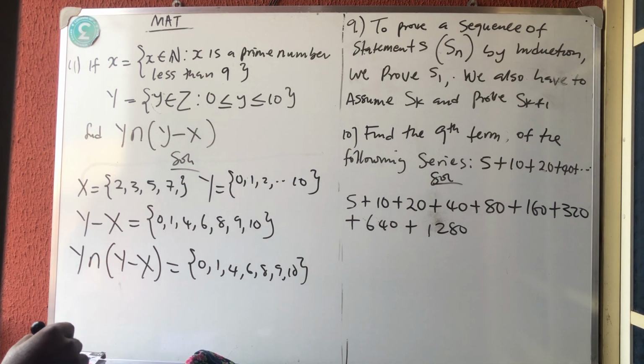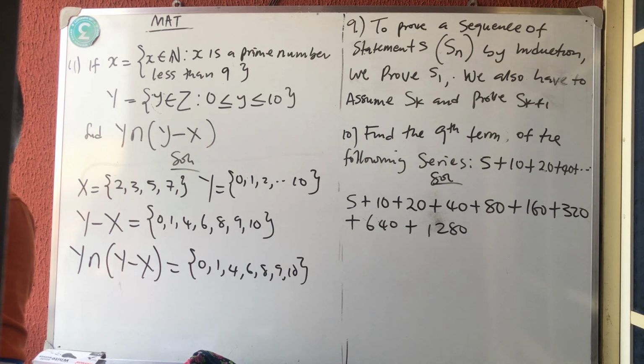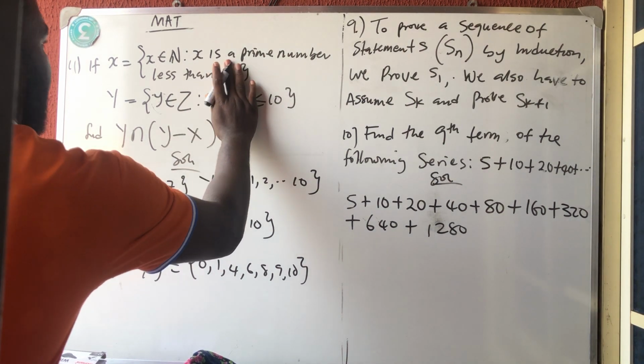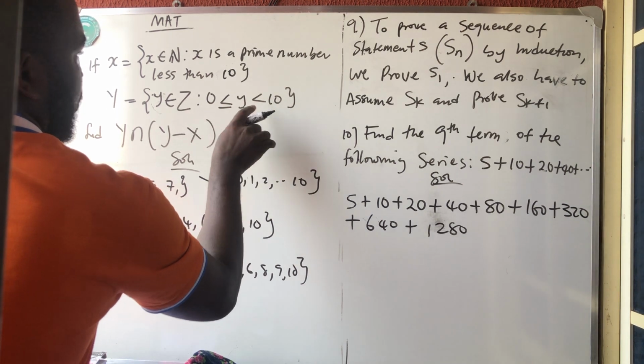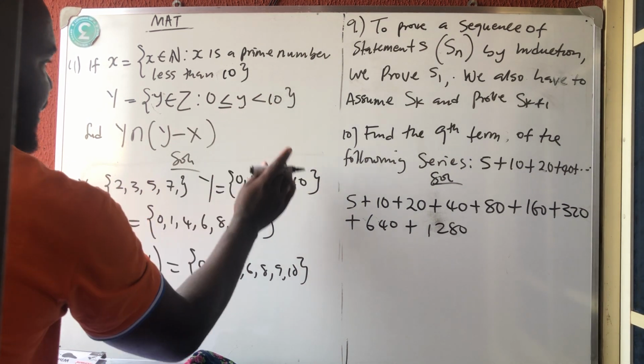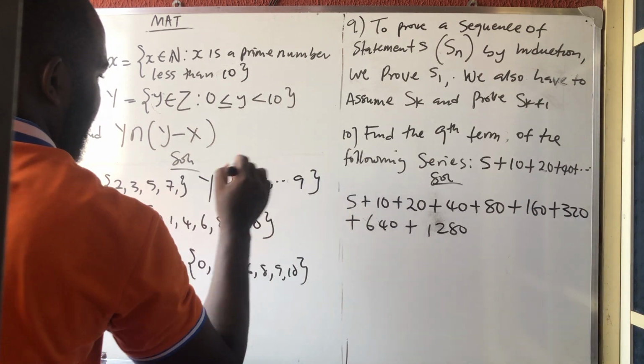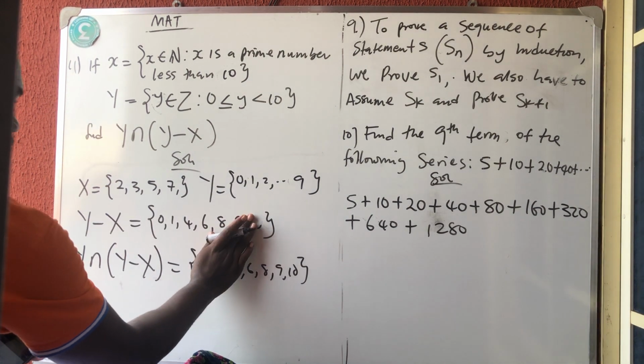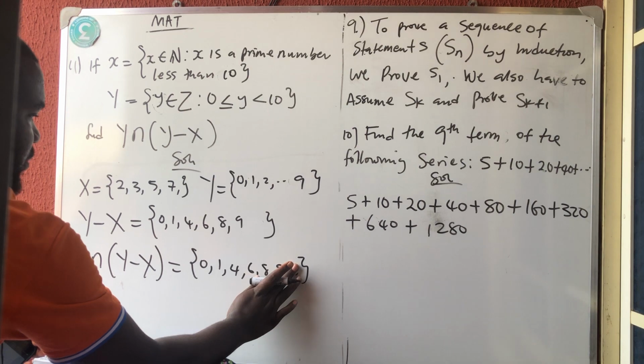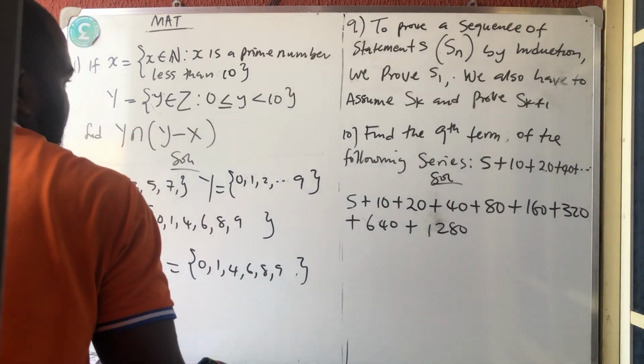Okay, sorry, it's prime numbers that are less than 10, but here it said less than, not equal to. So it started from 0 and ends in 9, not in 10. So this minus this is without 10, and this is the answer. So that is that.